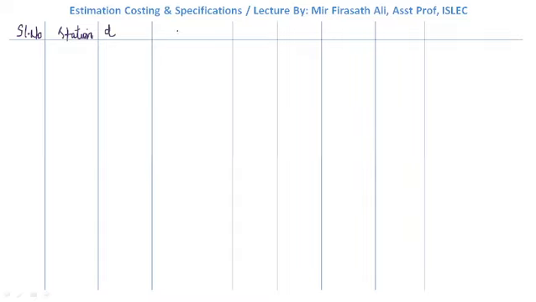Then average depth, dw. Okay. The next is area 1, area 2, total area, length, volume.